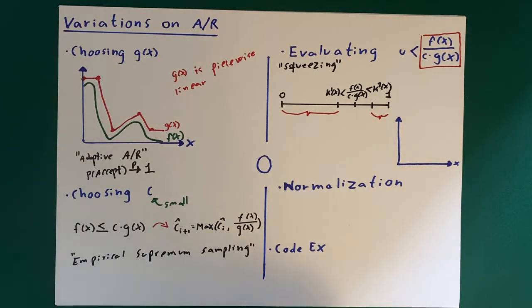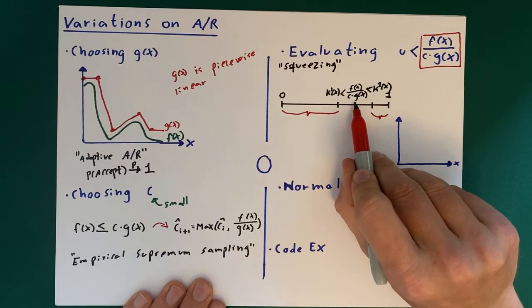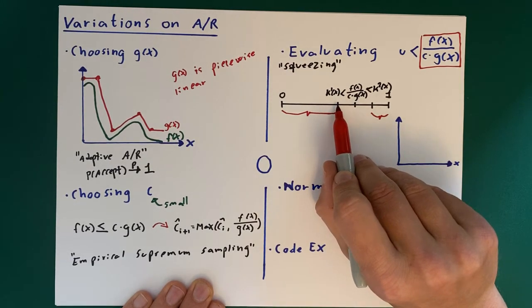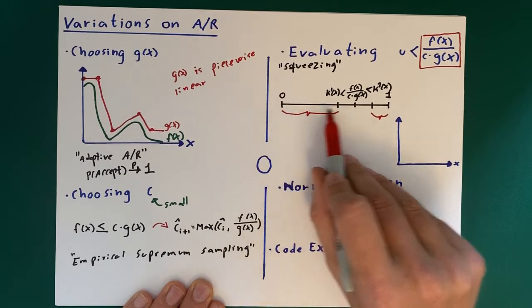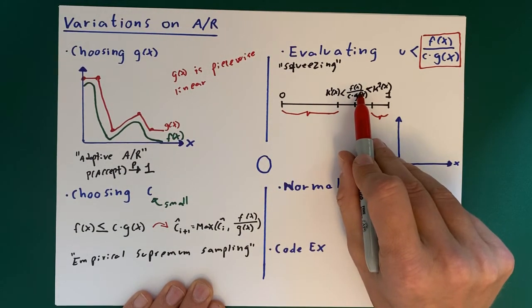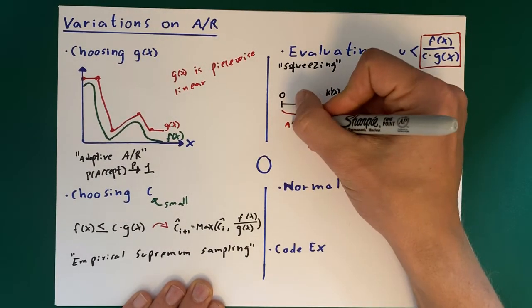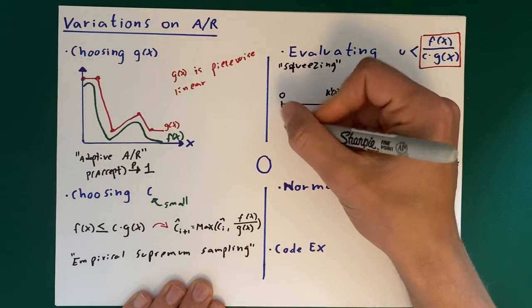And then instead of checking this requirement, which is expensive, we'll just check this requirement first, and if u is less than that, then it's certain to be less than this expression, which was expensive, right? So in that case, if it's less than K1, we can accept fast.